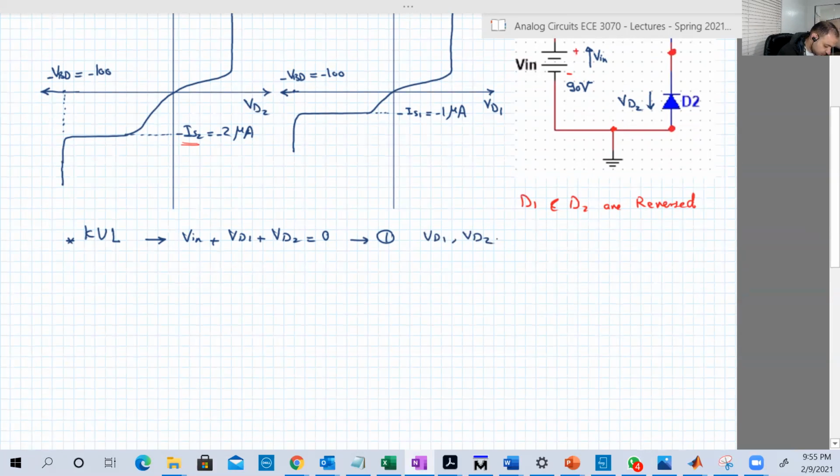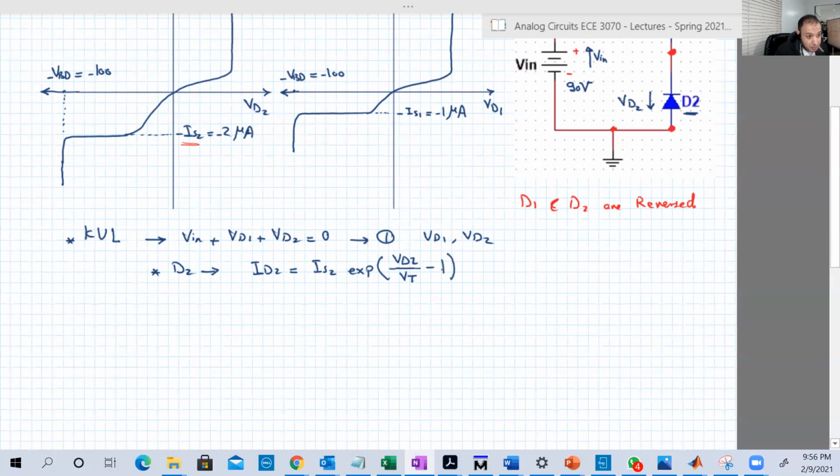This is one equation in two unknowns, VD1 and VD2. Good. We know from diode 2 that ID2 equals IS2, or I02, whatever you call it, times exponential of minus VD2 over VT, minus 1.